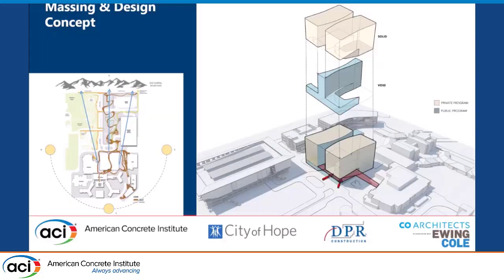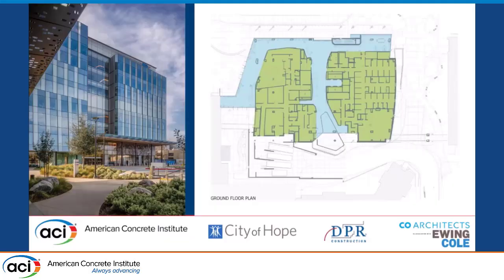The concept behind the project is conceptualized as a river carving down the mountain, working its way through the site, and consequently carving the mass of the building. What's left from that erosion are two masses that house the private functions of the building, and the void in between becomes the public sphere. Here's a view of how that all works out.